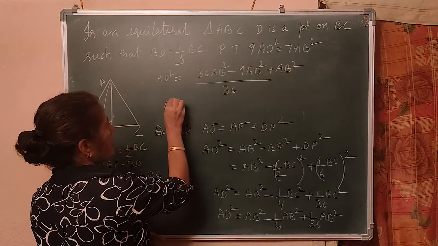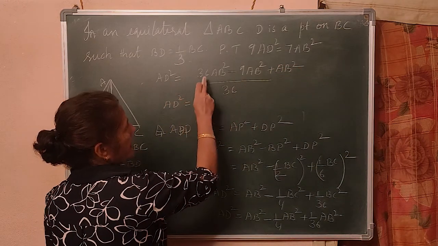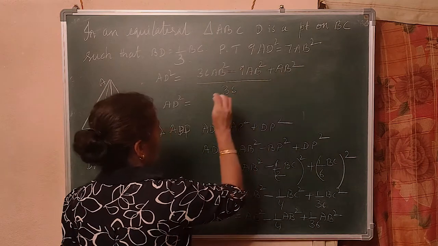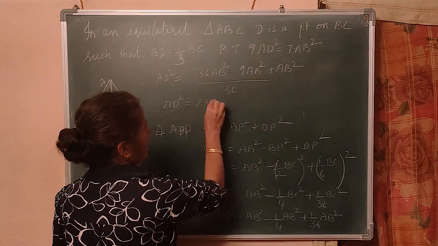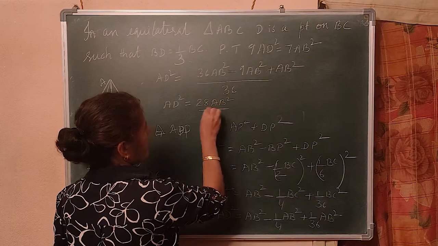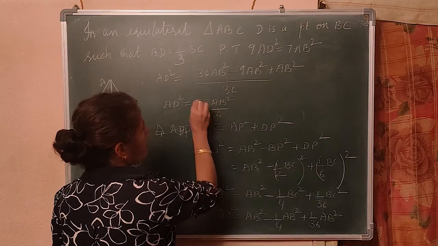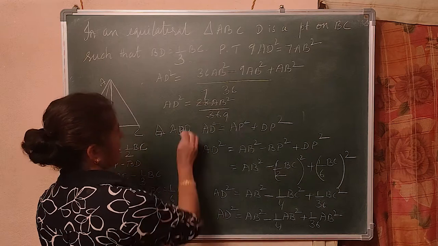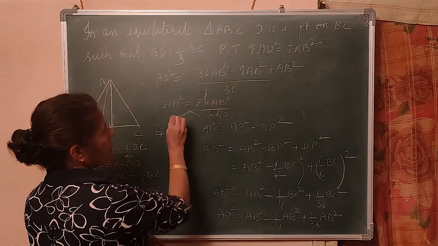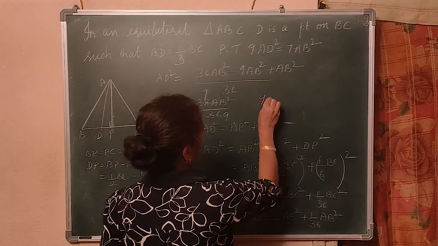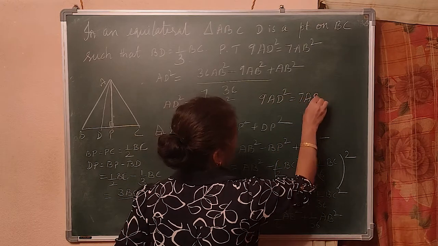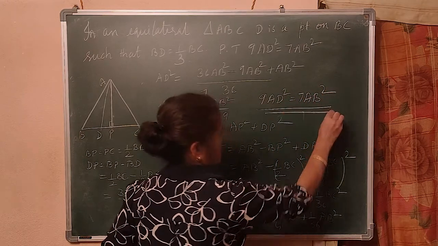So AD square is equal to 36 minus 9, 27 plus 1, 28 AB square divided by 36. 4 7s are 28, 4 9s are 36. Cross multiplication. What do you get? 9 AD square is equal to 7 AB square. Finished. This is the answer.